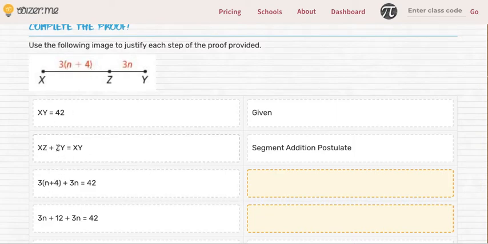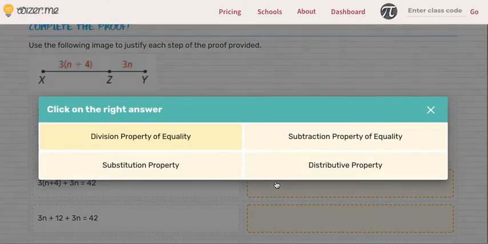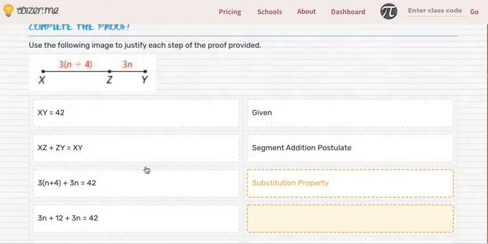And we also replaced ZY because we knew it was 3n. And we replaced XY because it was given to us as 42. So here we've basically done 3 different replacements. Another word for replacement is to substitute, right? To plug in. You might have heard that before. So this was the substitution property.